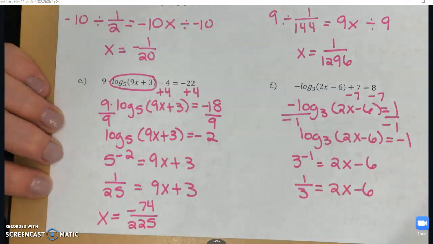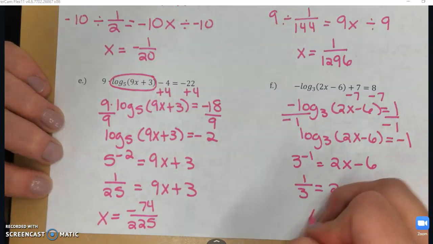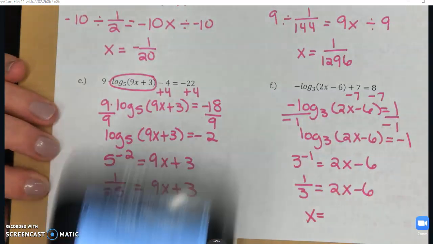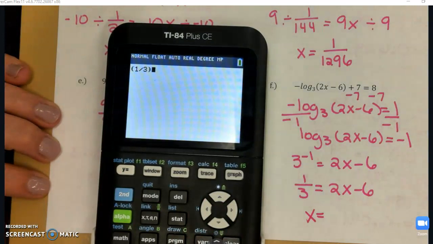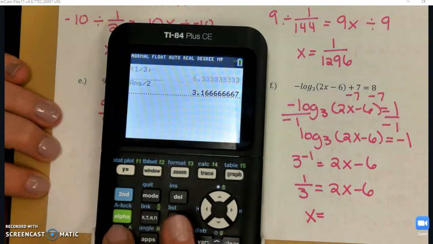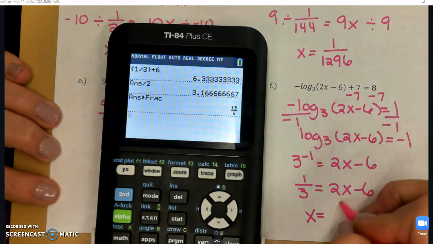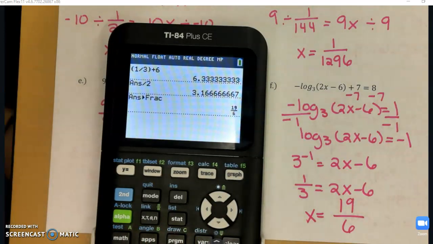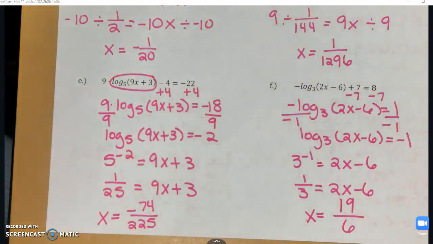All right, so solve for x. I need to add 6 and divide by 2. I'm going to let my calculator do the hard work for me. 1/3 plus 6 divide by 2. Oops. There we go. Easy peasy. And that is it for solving exponential and log equations.